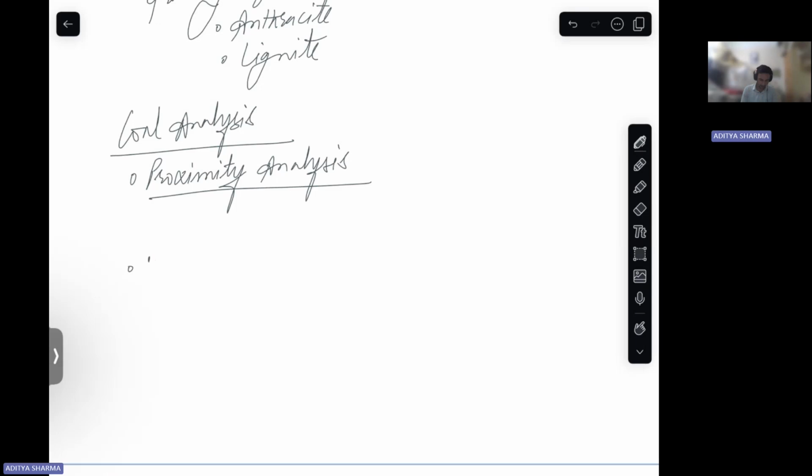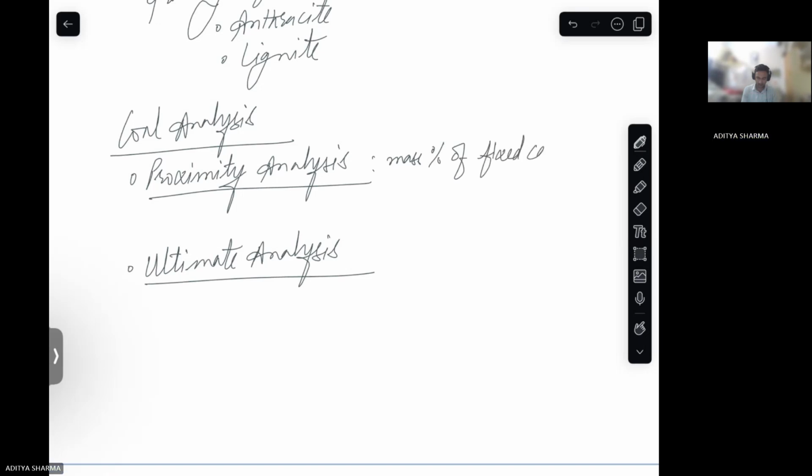Analysis basically means that we want to better understand the coal that we have in our hand. So what is there in proximate analysis? Here we have the mass percentage of fixed carbon. One is this. Then volatile matter, then moisture, then ash.